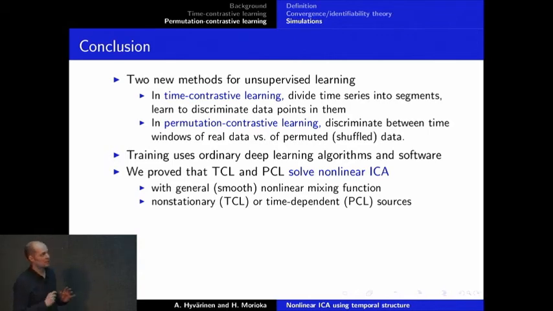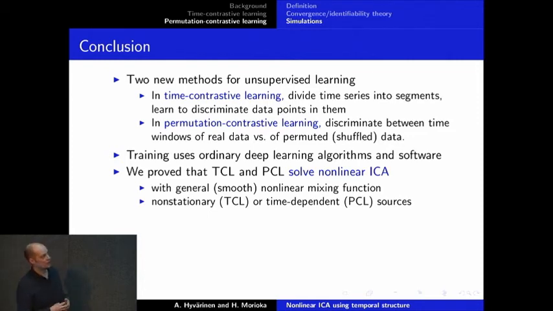Of course, a completely different approach to this problem would be to restrict the form of the mixing function. That's somehow what I don't want to do. I would rather make statistical assumptions on the components and just let the mixing be anything as general as possible.